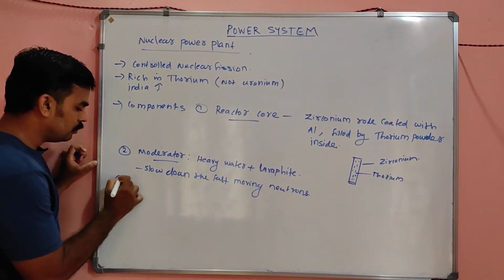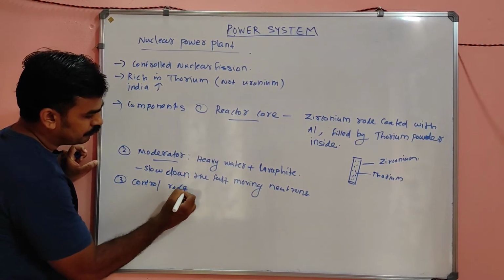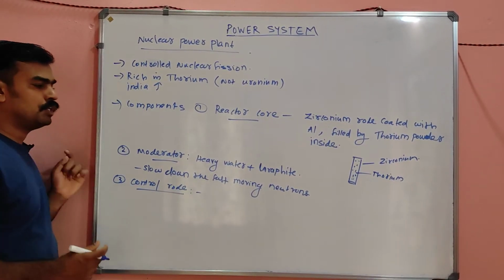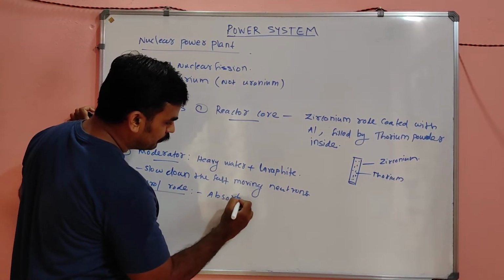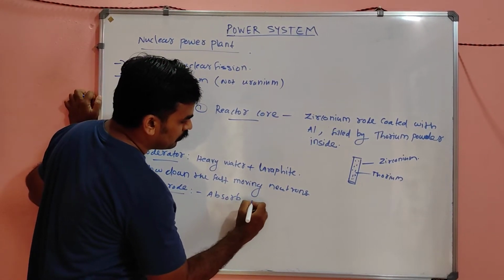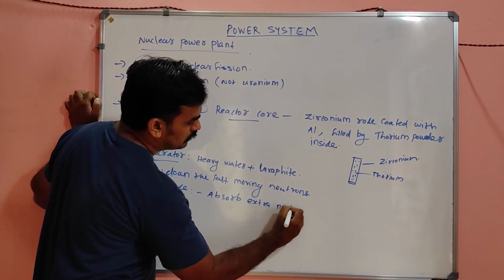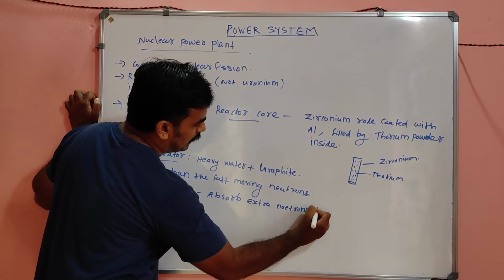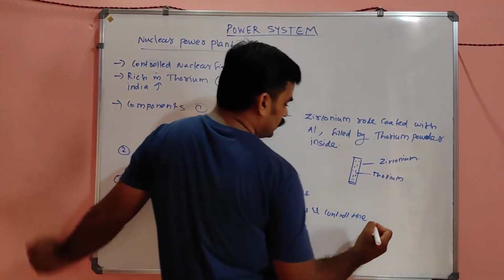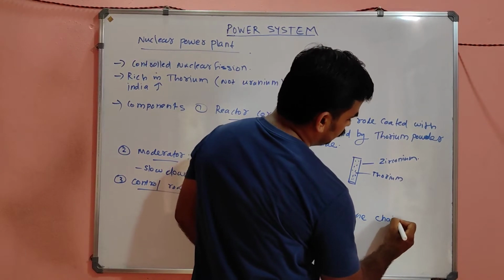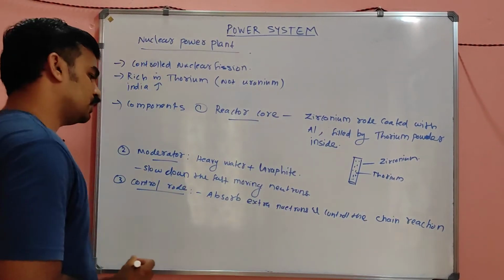Next one, control rods. The function of the control rod is to absorb extra neutrons and control the chain reaction.